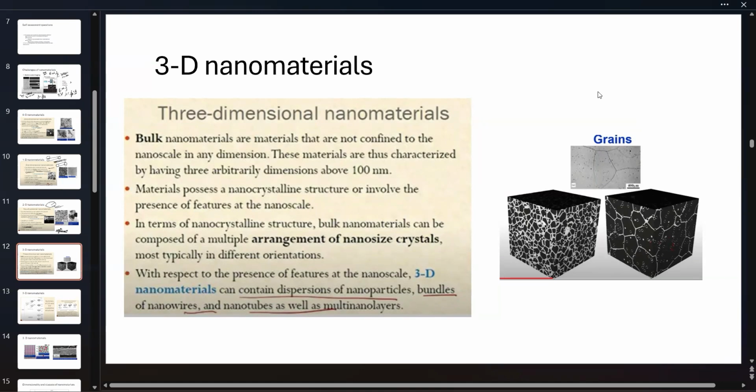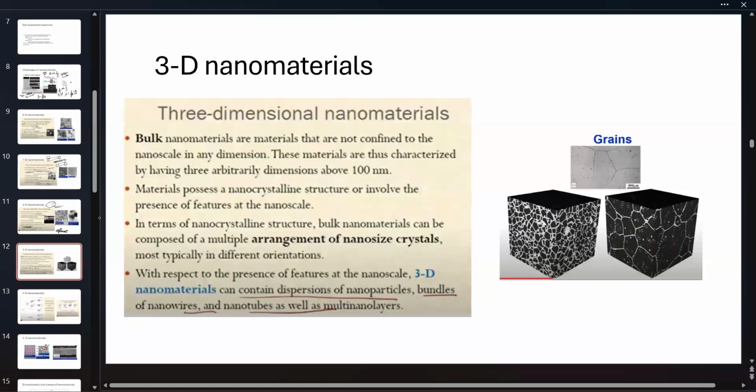They usually form composites with other types of nanomaterials. Here you have grains in the nanometer scale, and you combine those grains together to get a bulk greater than 100 nanometers. But since the grains are smaller than 100 nanometers, you still call it nanomaterial.